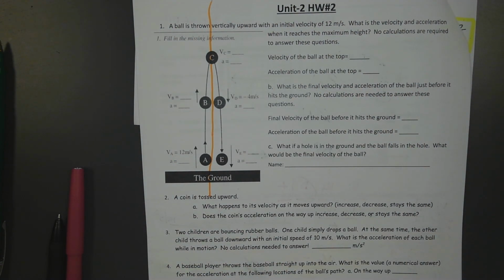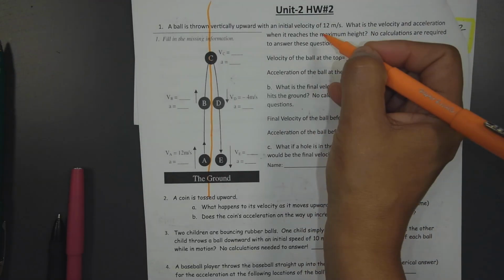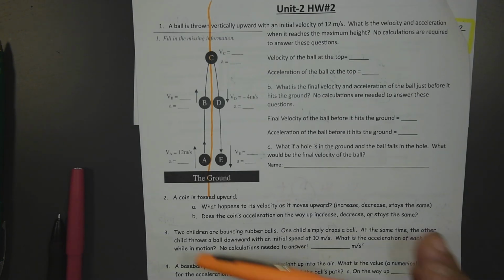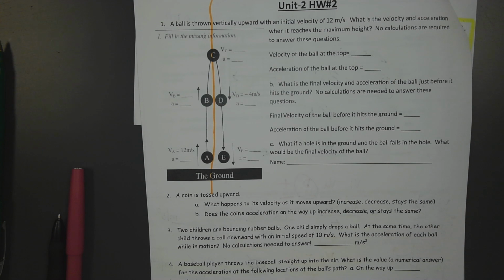So while it's in free fall and it has an initial velocity of a positive 12 meters per second, the positive only identifies the direction. What is the velocity and acceleration for every A, B, C, D point that is here?